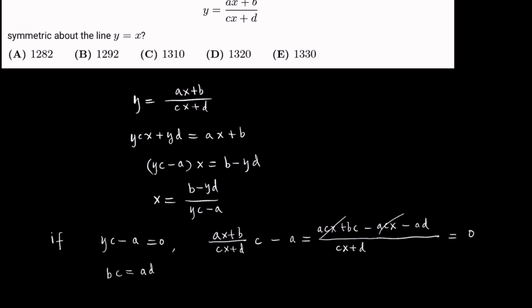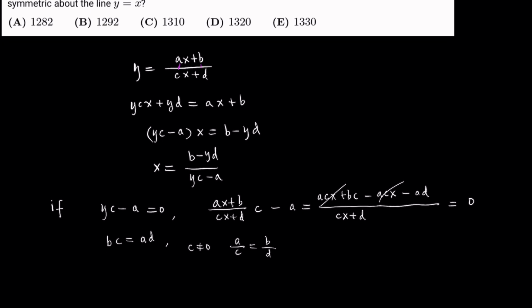So c and d cannot both be 0. Assume c is not equal to 0. That would mean a over c equals b over d. When we look at the original function, if a, c and b, d are proportional, then this would equal a constant.